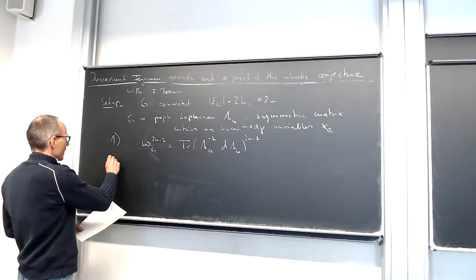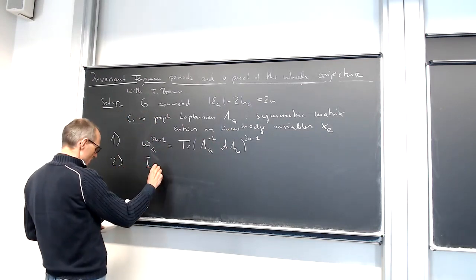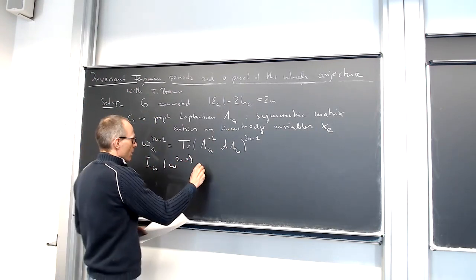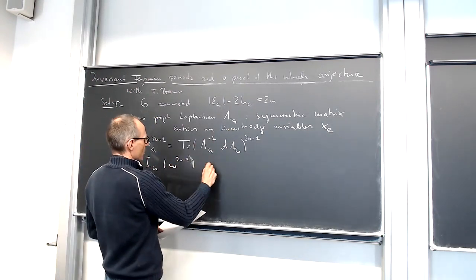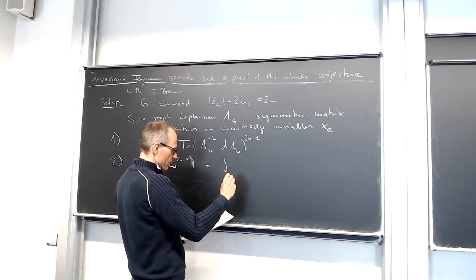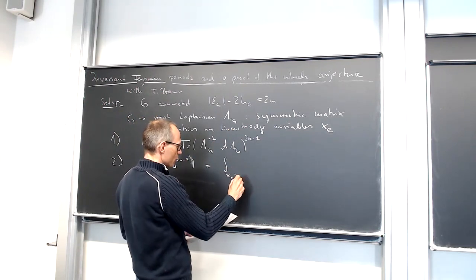And the second step is to actually calculate an integral I_g of omega 2n minus 1. And this is the integral over the positive corner simplex in projective space.